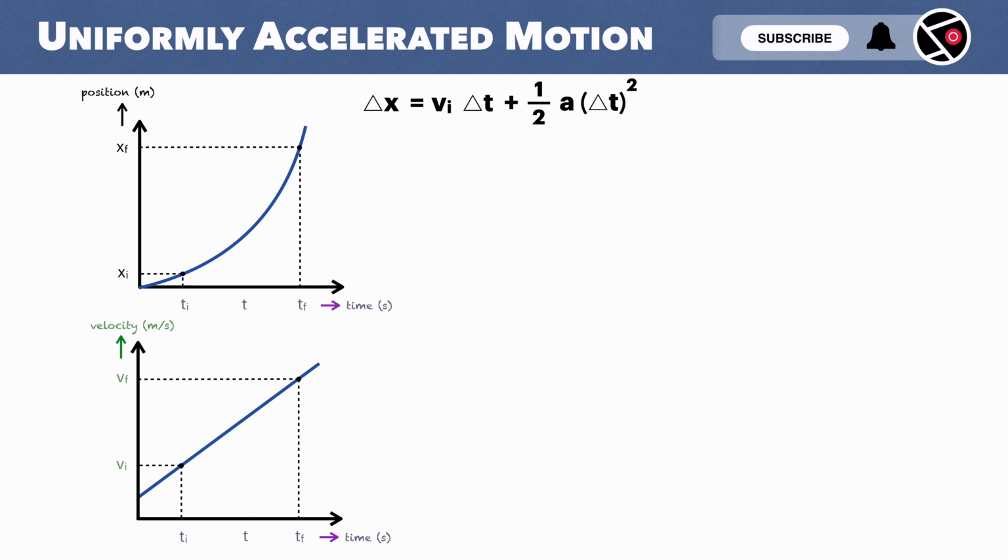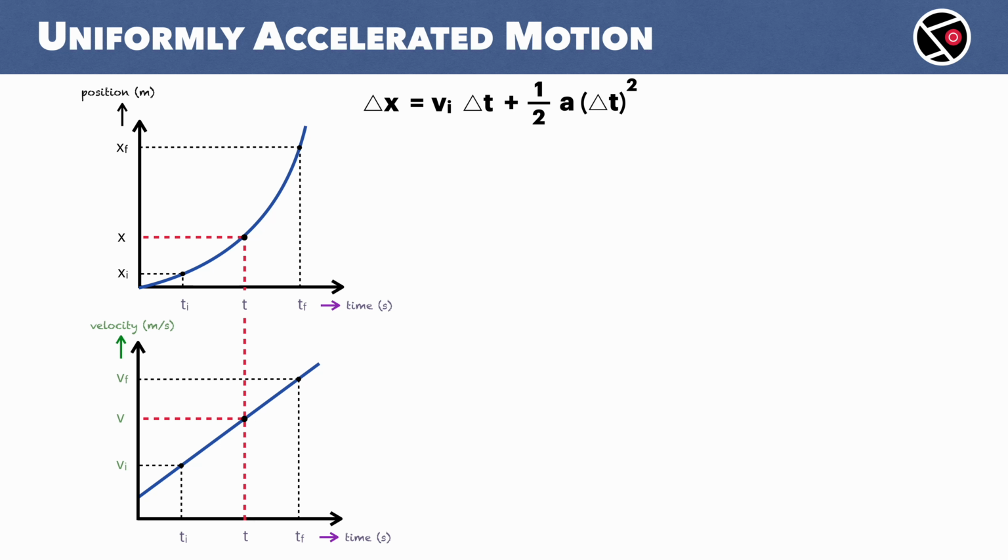At time t, position is x and velocity is v. Velocity v is dx by dt.